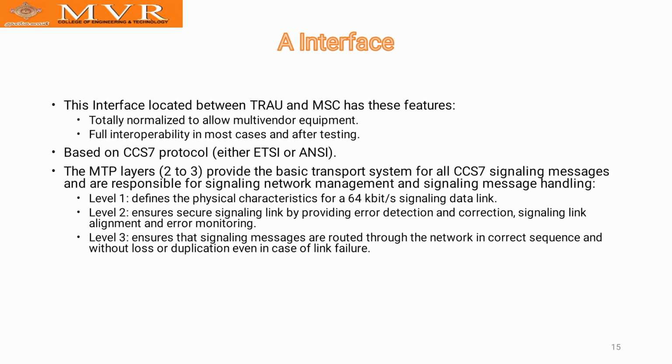Level 1 defines the physical characteristics for a 64 kbit/s signaling data link. Level 2 ensures a secure signaling link by providing error detection and correction, signaling link alignment and error monitoring. Level 3 ensures that signaling messages are routed through the network in correct sequence and without loss or duplication, even in case of link failure.